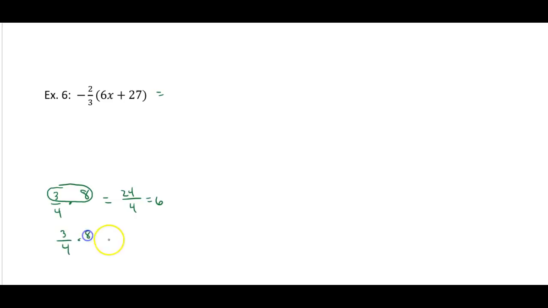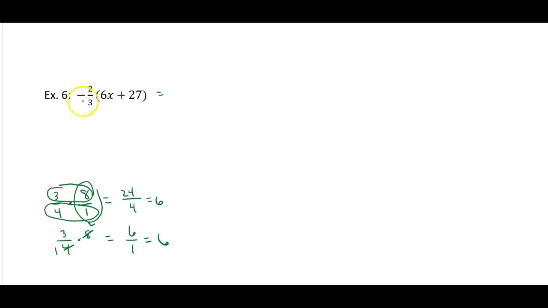Another way to do it is, this can be divided by 4. So 8 divided by 4 is going to give you 2. That turns into technically a 1. 3 times 2 is 6 over 1, which is 6. Remember, when we multiply fractions, we multiply the numerators together, we multiply the denominators together. And to turn any whole number into a fraction, you put it over 1.